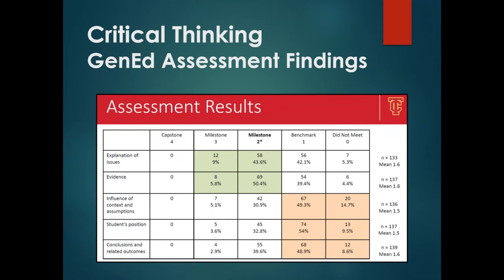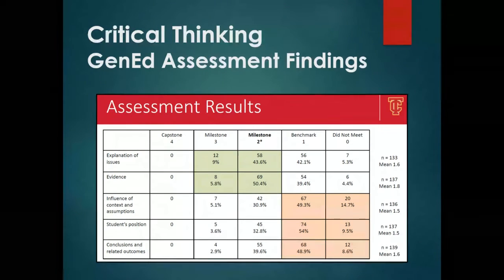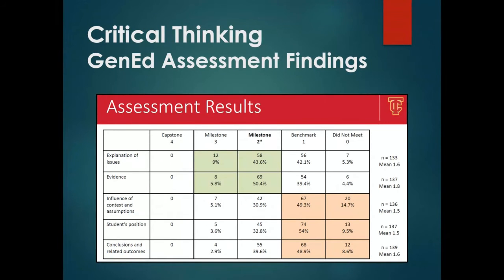And so, based on this data, what Krysti and I in the assessment committee wanted to do was talk about these areas. We could talk about explanation of issues and evidence. I'm happy to have that conversation, but I think we wanted to focus on the areas where we saw some need as a campus, which is part of the reason we put this presentation together.